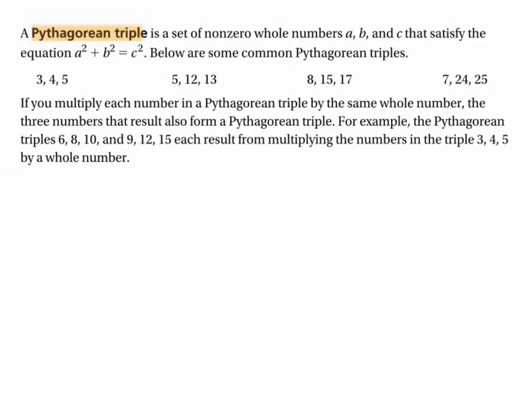It says here, if you multiply each number in a Pythagorean triple by the same whole number, the three numbers that result also form a Pythagorean triple. For example, if you take the 3, 4, 5 and you multiply it by 2 or 3, you get 6, 8, 10 or 9, 12, 15 respectively. Those sets 6, 8, 10 and 9, 12, 15 each result from multiplying these 3, 4, 5s by a whole number, in this case times 2, and in this case times 3.